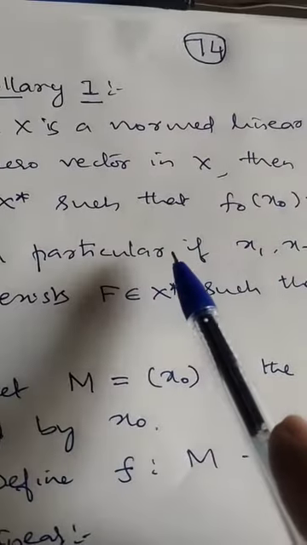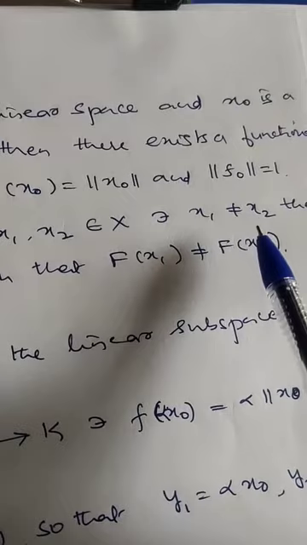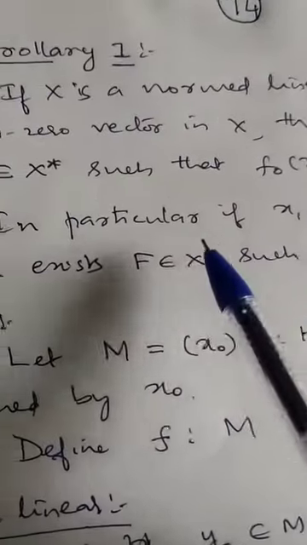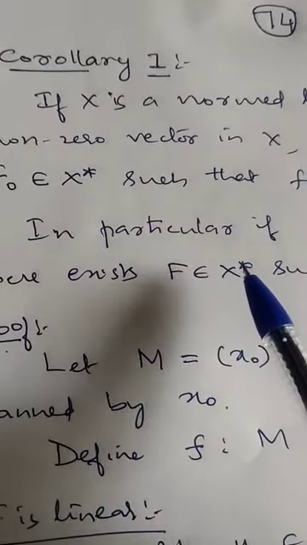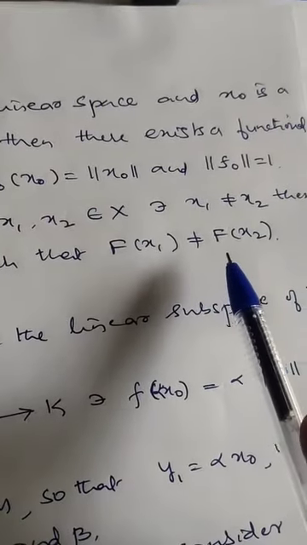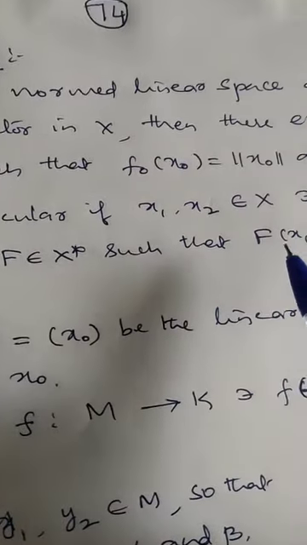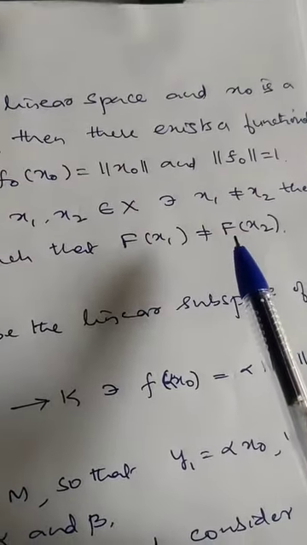In particular, if x1 and x2 belong to X such that x1 is not equal to x2, then there exists f belonging to X star such that f of x1 is not equal to f of x2.